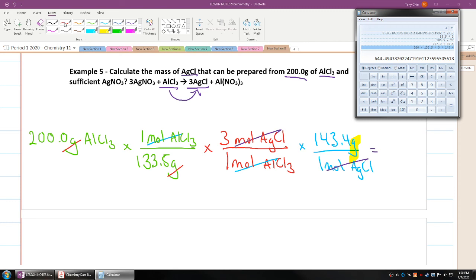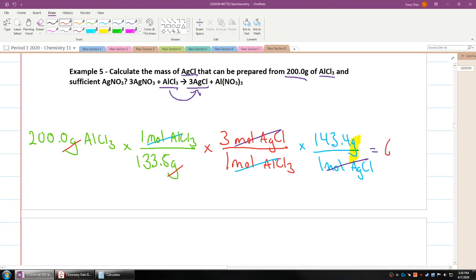So 644.5 grams of silver chloride. So we went from our mass of aluminum chloride to moles of aluminum chloride to the mole ratio to get to silver chloride. And then lastly, we find the mass of silver chloride.